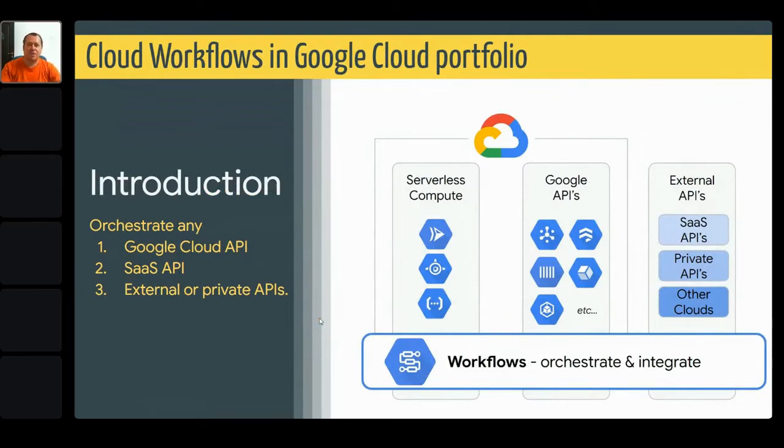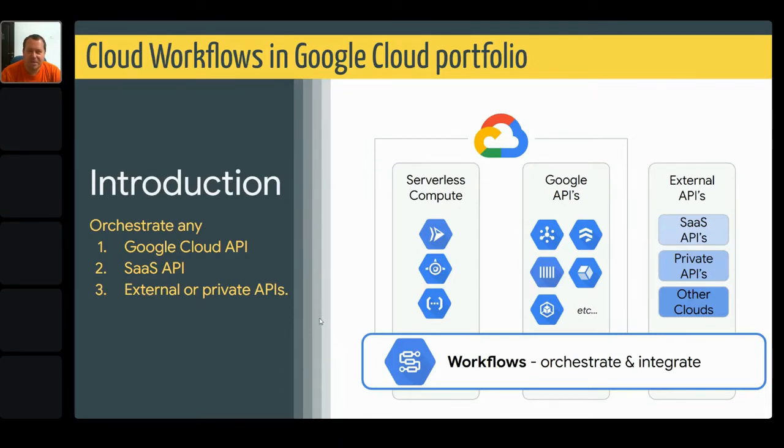So Cloud Workflows, as the name suggests, is a workflow system. It means that you can actually do steps in it, and it's part of the Google Cloud portfolio. So it means that it's a managed product. You only need, let's say, your billing activated. You don't need a sysadmin, you don't need to install anything.